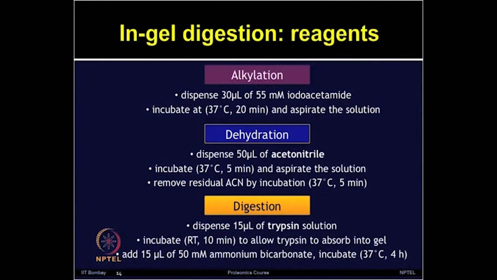Once digestion is done, which is usually an overnight step, one needs to do the peptide extraction. Peptides generated through the proteolytic cleavage can be extracted by using a recipe including formic acid or trifluoroacetic acid, TFA, in a 50% acetonitrile solution.